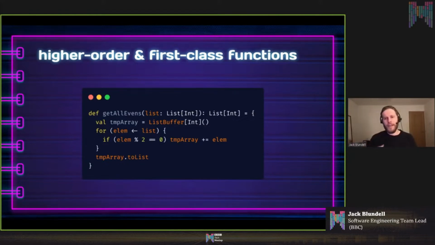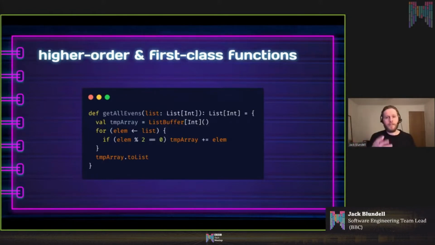Say we want a function that iterates through a list of integers and gives us back only the even ones. This might be a non-functional approach that we might take, but all we really care about is our modulus of 2 equals 0. The rest is very boilerplatey. We're having to create this imperative style loop. What we want to do in an ideal world is take that important bit, the thing we care about, and pass it to our language framework and let that do the hard work for us.